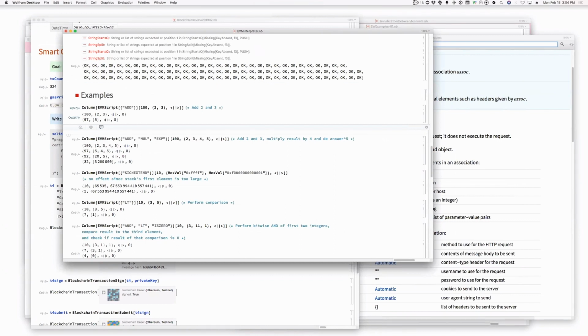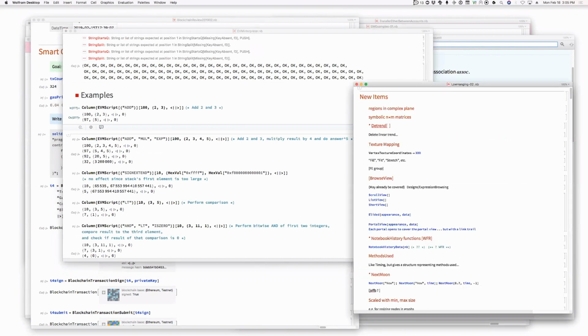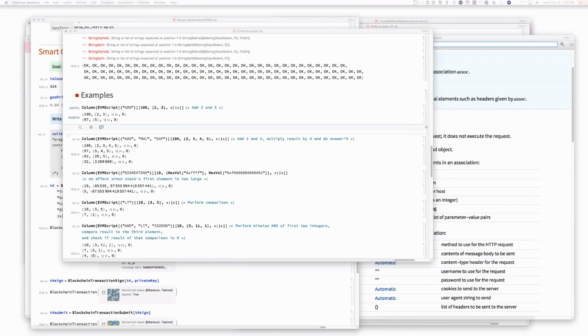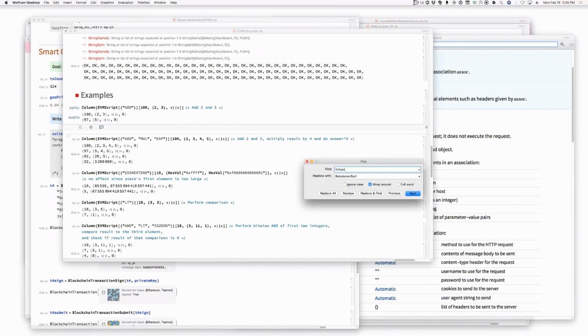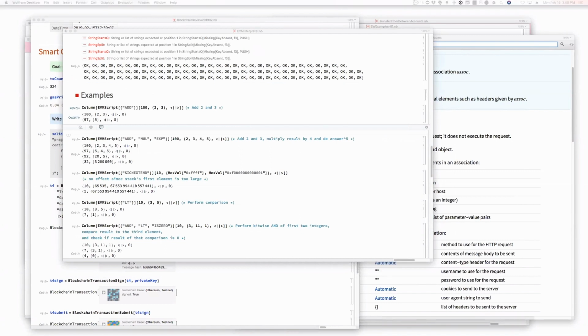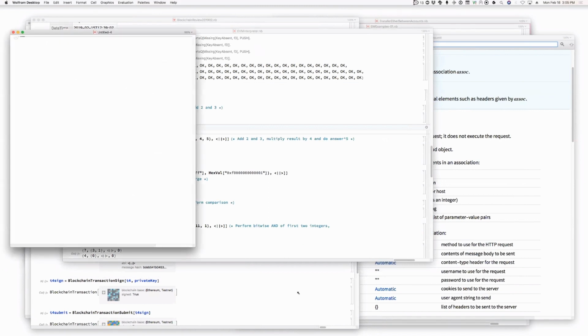Let me just see, one more place it might be. Yeah, well, I had some notes here, but this was very minor.